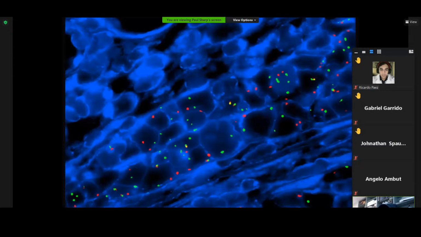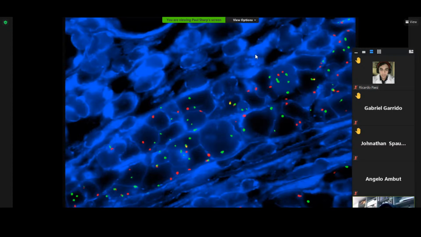And so, ideally, if there is no translocation, you would expect that the green and the red will be far apart. They will not be anywhere near each other, because there's no reason for chromosome number 9 to be right up against chromosome number 22 unless you've switched the DNA in a translocation event, which is what happens in chronic myelogenous leukemia.